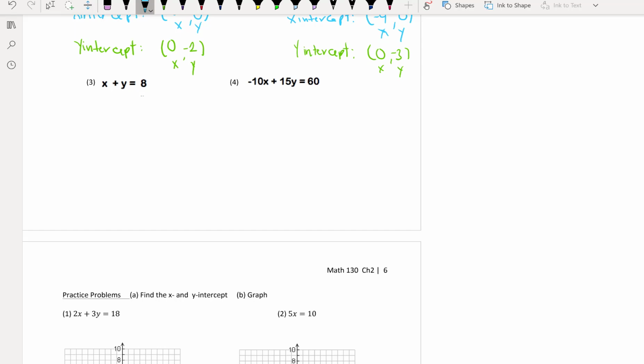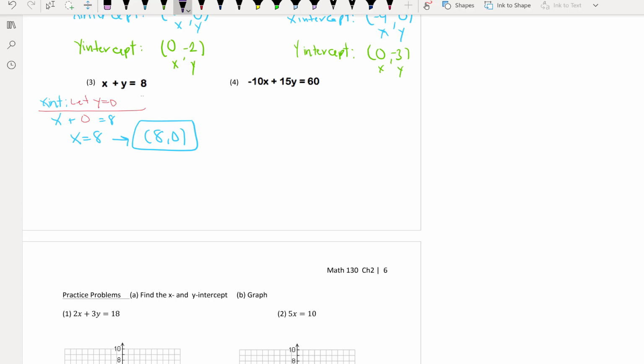I'm going to have to figure this out algebraically. So let's think about this. I'm going to find the x-intercept. That's when you let the y value equal 0. So then you have x plus the y value, which is 0, is equal to 8. So x is equal to 8. You would write this as 8, 0 as your x-intercept.